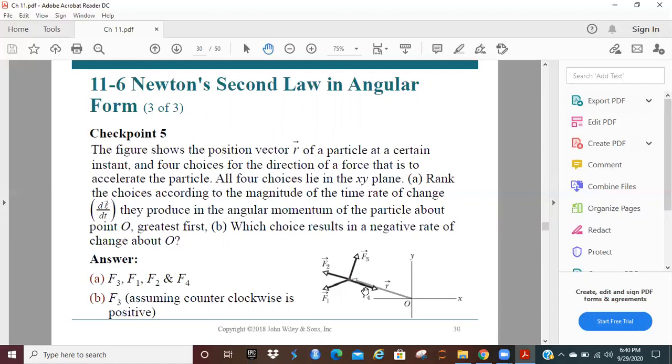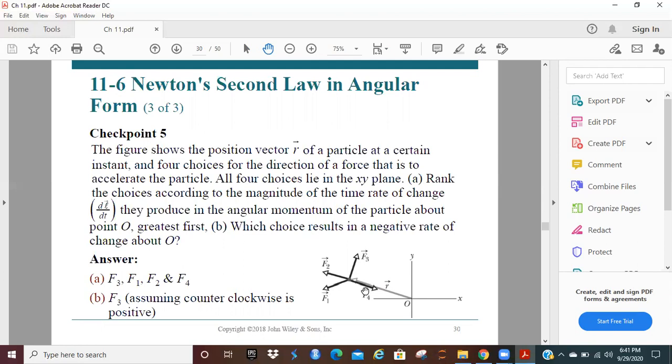Both of those would lead to a 0 result. That's why they end up dead last. So force 1, which makes some angle between 0 and 90 with r, is going to be in the middle.